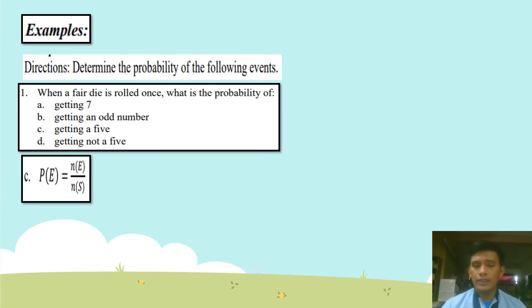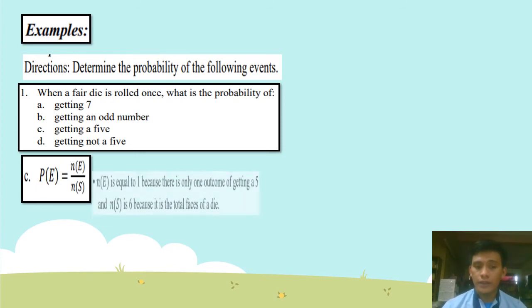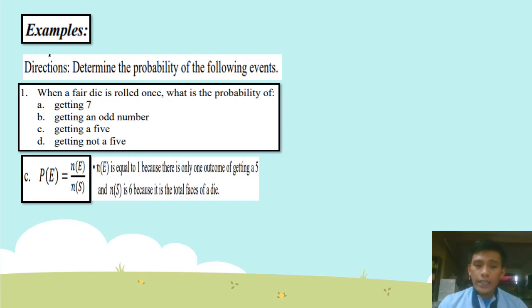For letter C, what is the probability of getting a 5? N(E) is equal to 1 because there's only one outcome of getting a 5 in rolling a die.